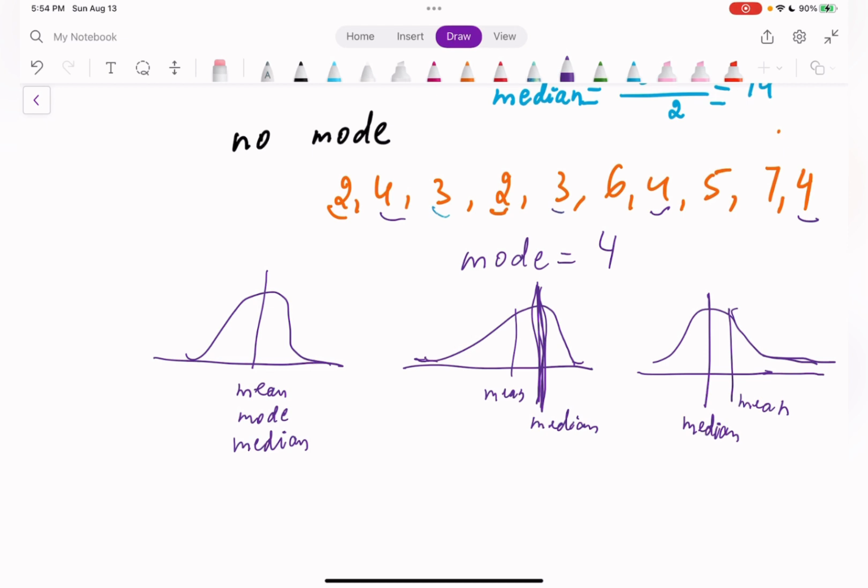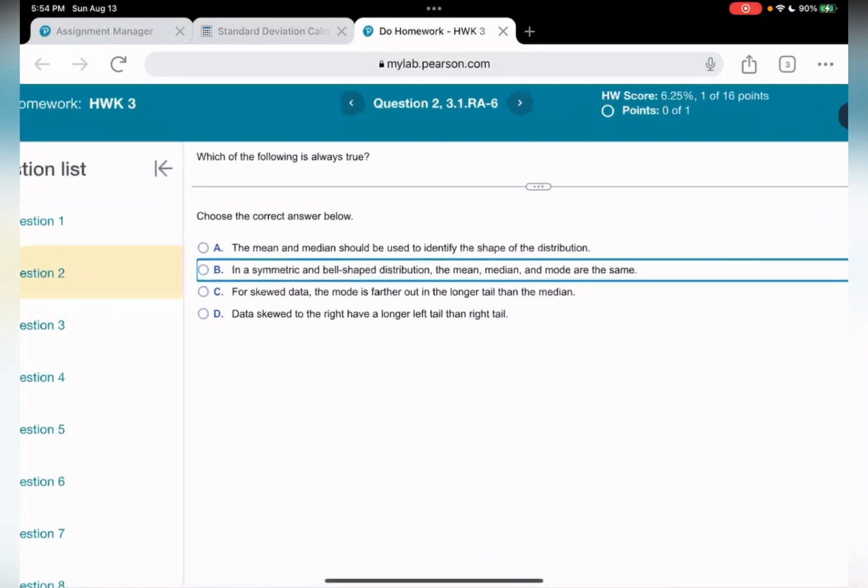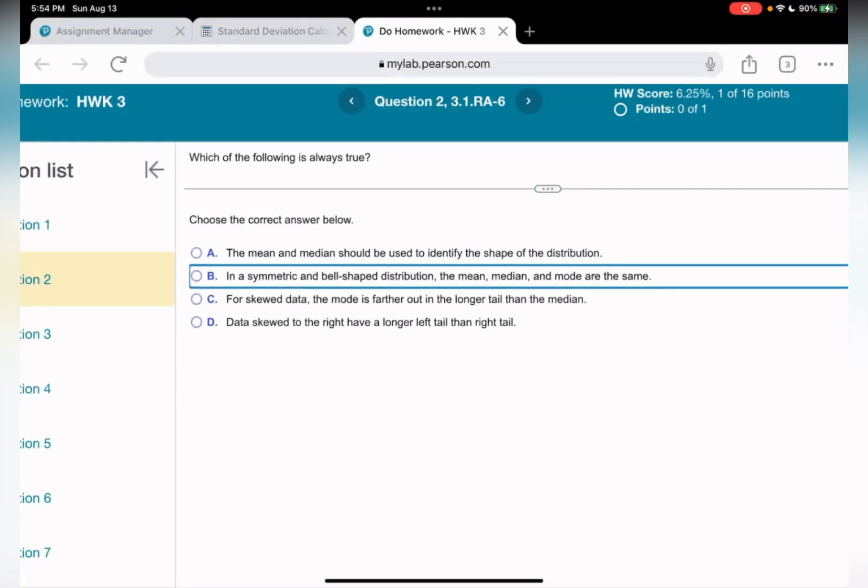Okay? All right. So, going back to our question. What of the following is always true? The mean and median should be used to identify the shape of distribution. That is also, I would say, true.